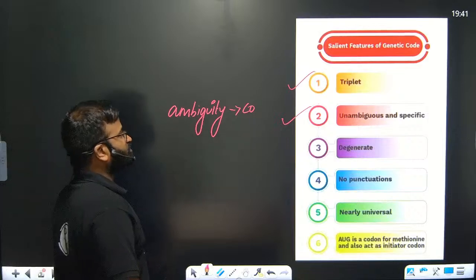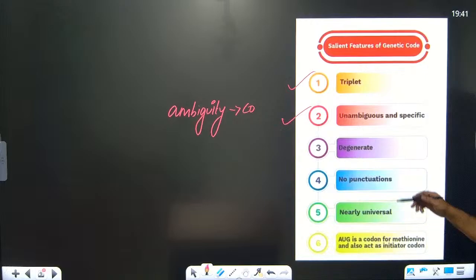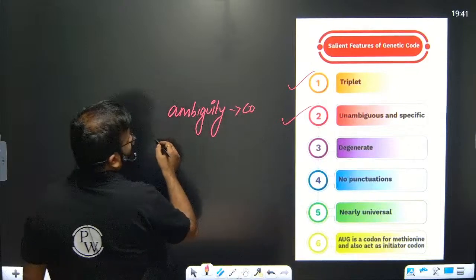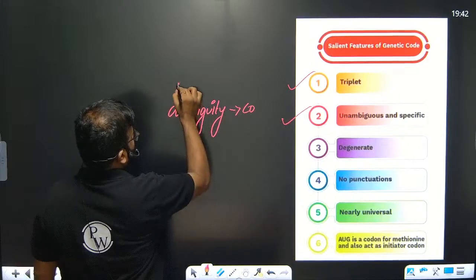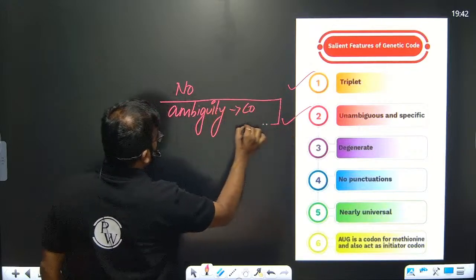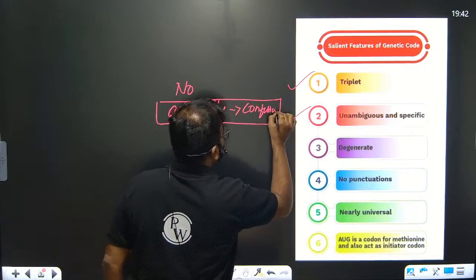So as you know, genetic code is triplet, and genetic code is unambiguous and specific. There is no ambiguity. For those students who don't know what ambiguity means, ambiguity means confusion. So what is the confusion, sir?